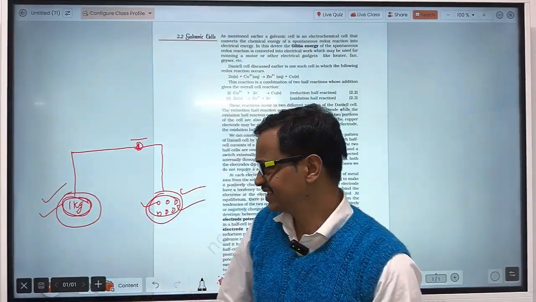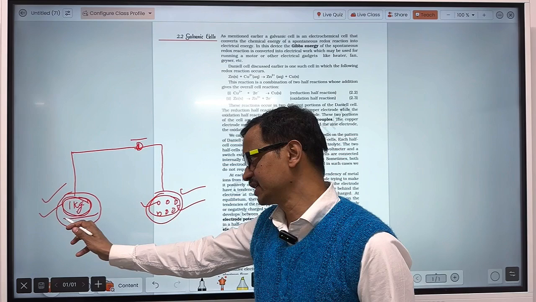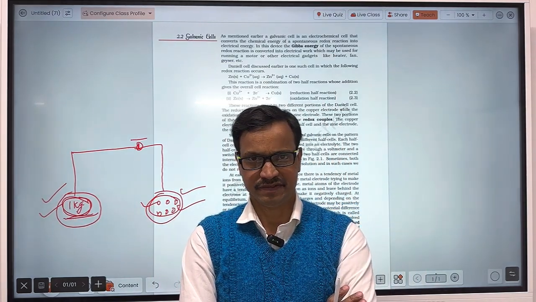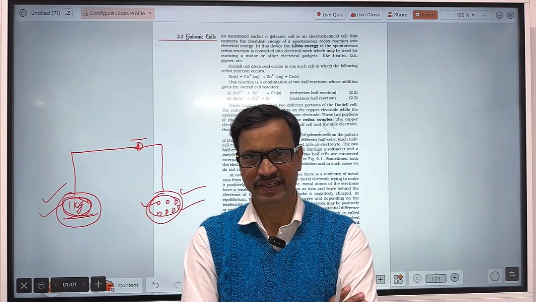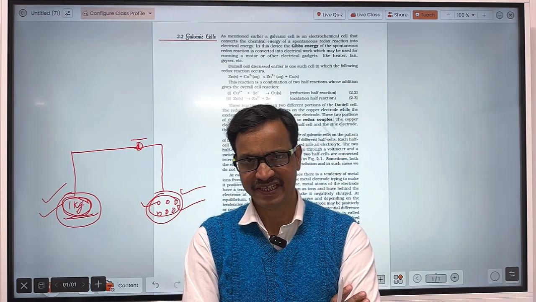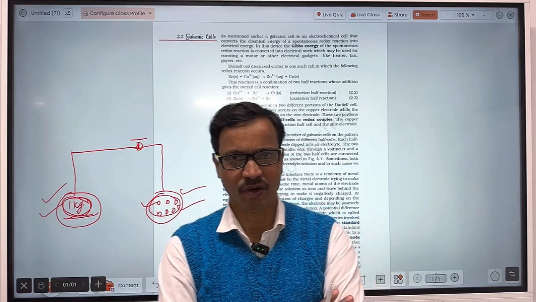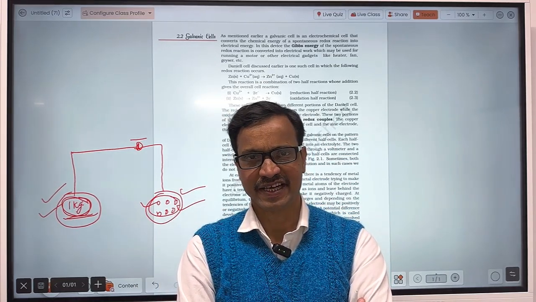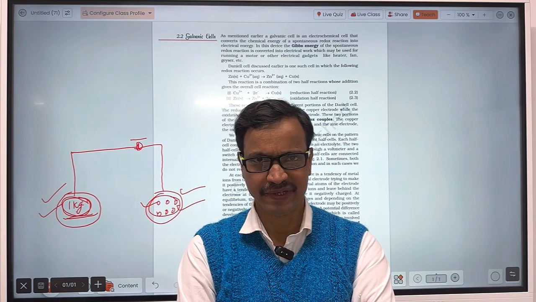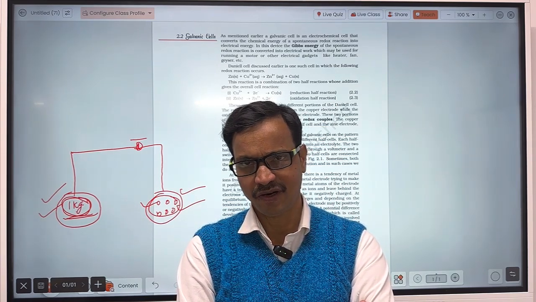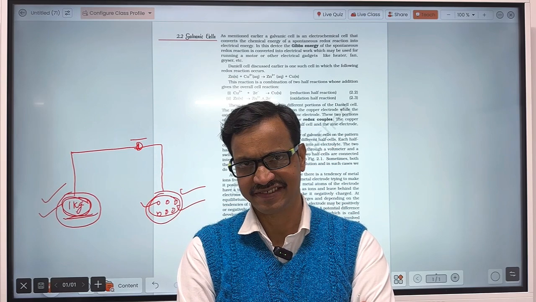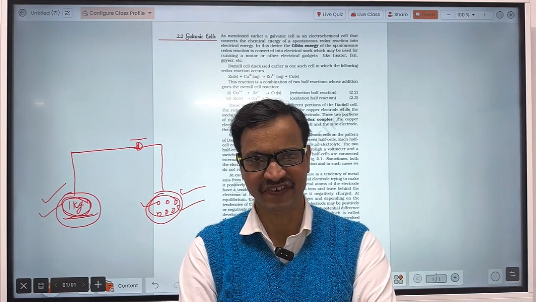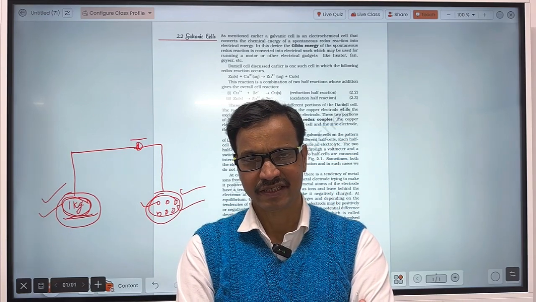So in that case, a standard has been taken. In the same way, when we calculate the atomic weight of any element, we consider the atomic weight of carbon as 12, and we compare the weight of atoms of different elements with carbon 12.